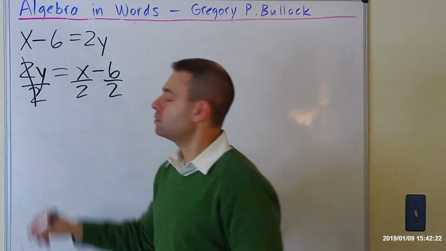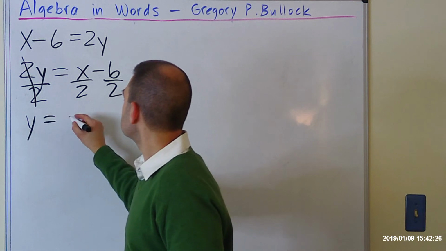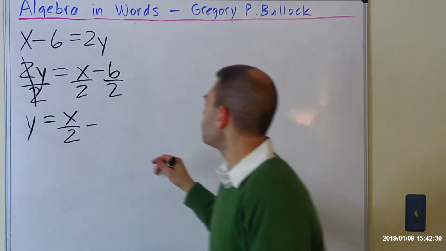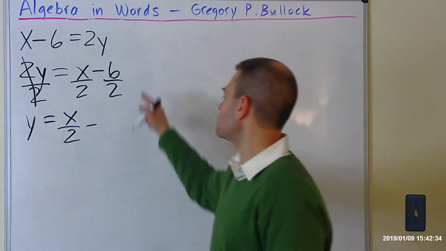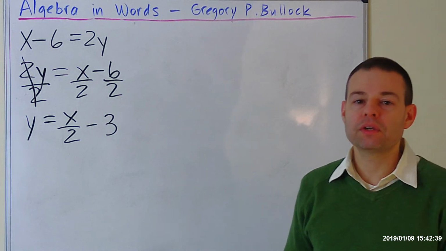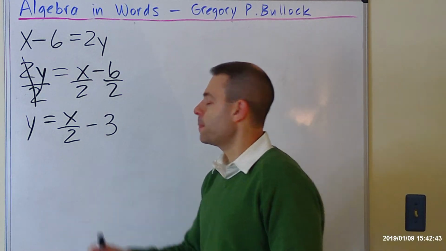This cancels out, leaving just y. And we can reduce 6 halves to 3. And now I think you would agree, you can see that we have slope-intercept form. y equals mx plus b.